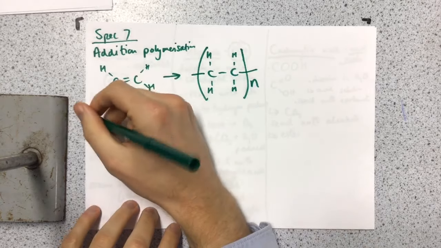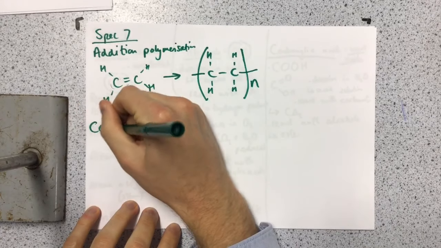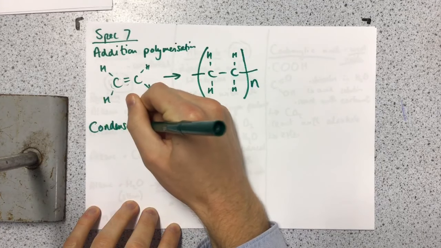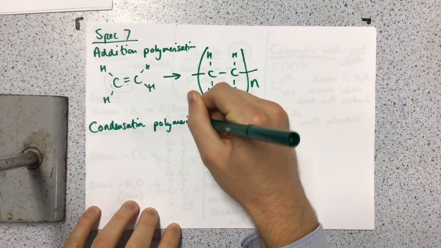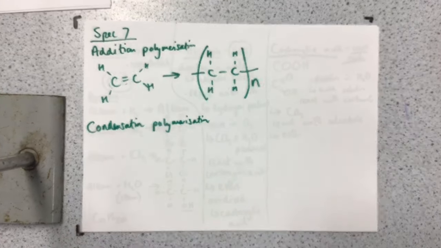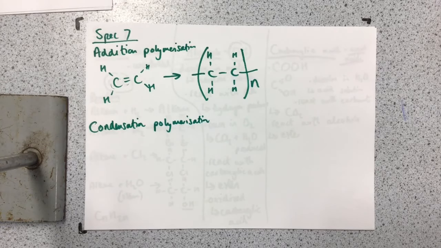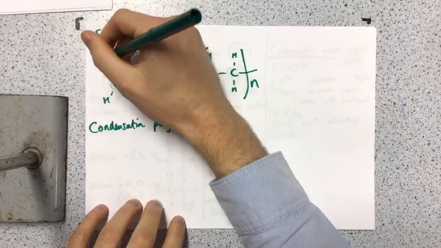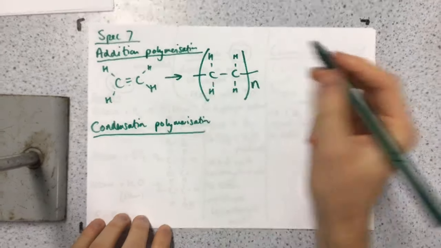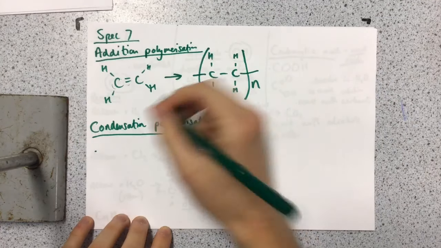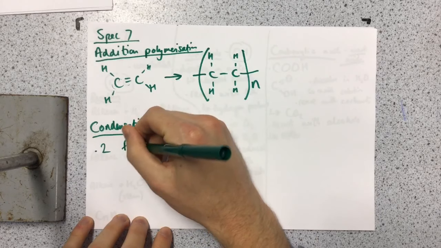Whereas condensation, the other type of polymerization, they asked a little 1 marker on this last year, whereby they asked you what small molecule is produced during condensation polymerization. This time, this has got 1 functional group. For condensation, I'm not going to draw an example because it'll take a bit of time, and I understand we're a bit behind.